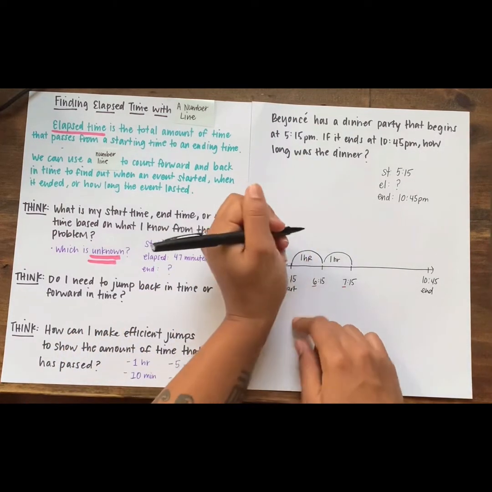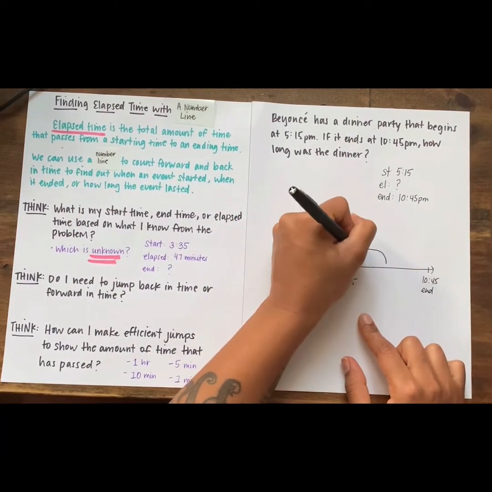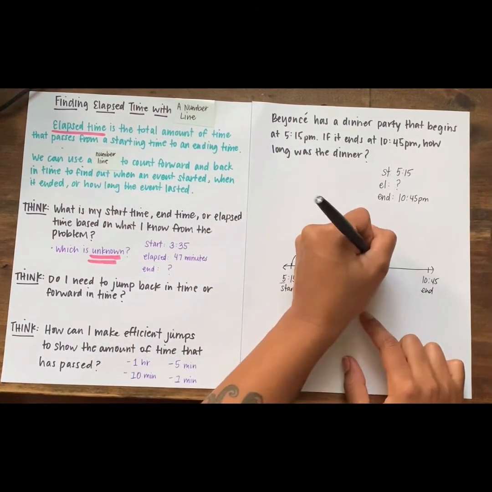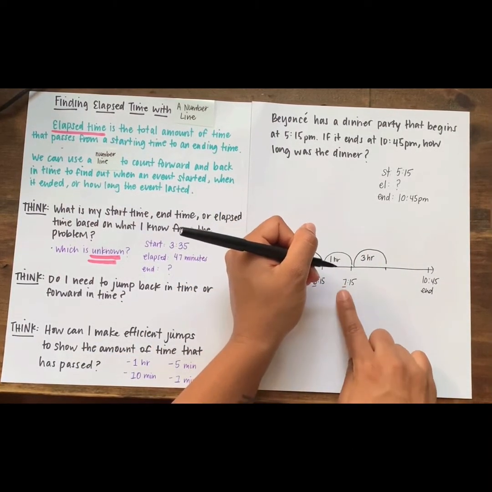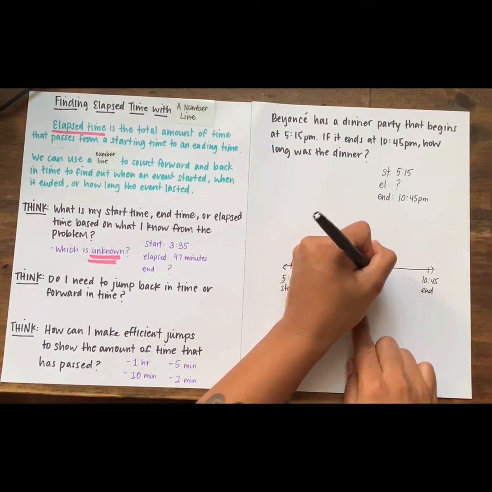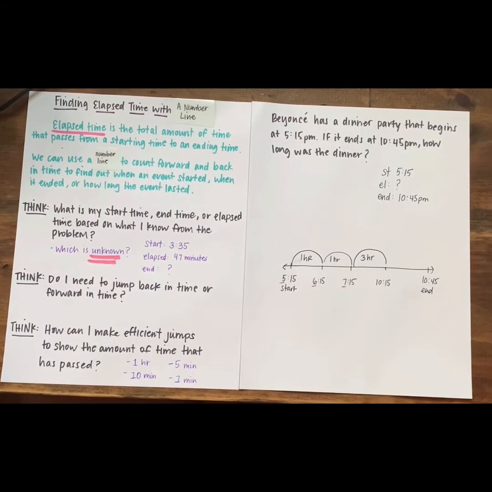Let's keep going. We've jumped 2 hours so far. I'm going to make a jump of 3 hours more for efficiency. 3 hours later than 7:15 is? Yes, 10:15. You can always make decisions to make jumps that make sense to you or that are efficient.